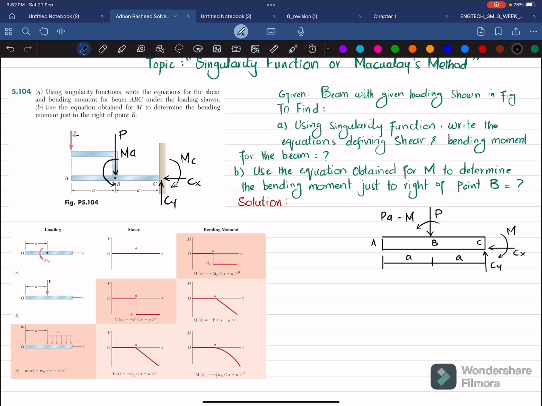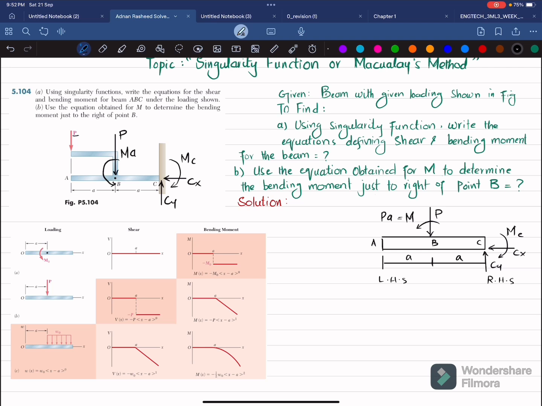We are not interested in finding MC, CX and CY because they will not be used, and the terms on the right hand side will be neglected, and you know that I have solved too many problems on that.